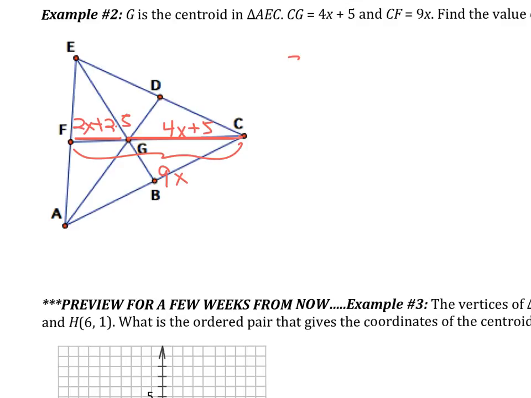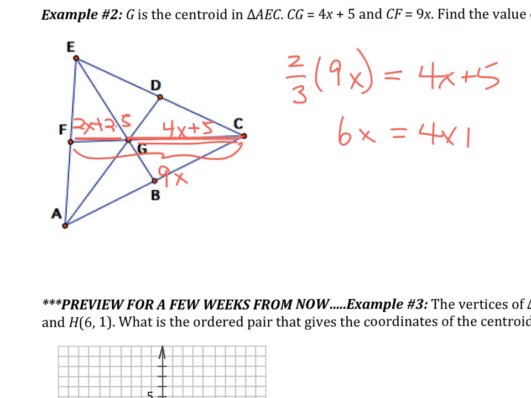It's 2/3 of 9x. 2/3 of the whole thing, 9x, is equal to this medium-sized piece of 4x plus 5. So he used the fill-in-the-blank theorem that we talked about on the previous paper. Okay, and so that's why he has 6x equal to 4x plus 5.